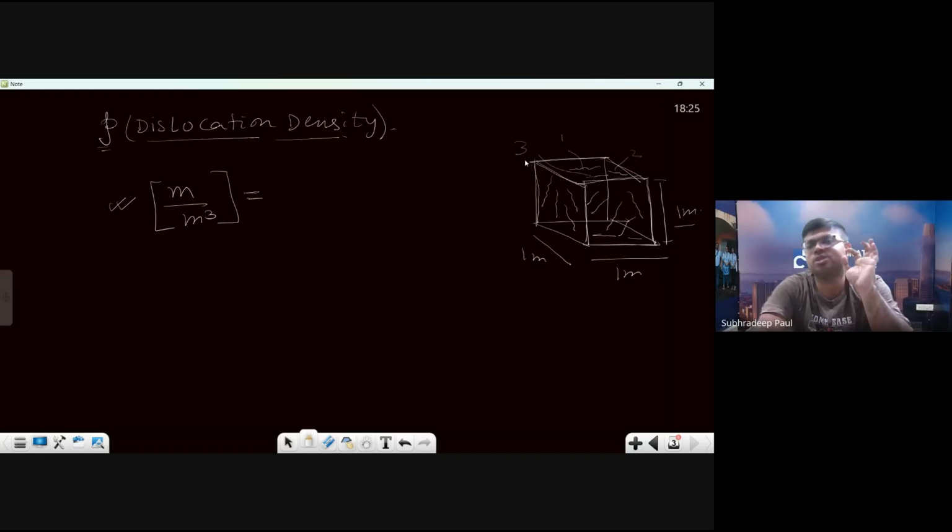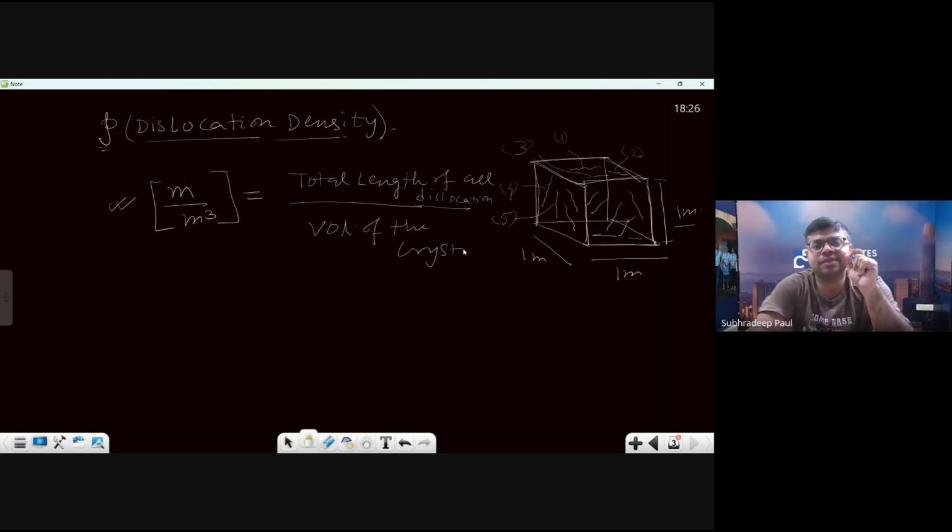Obviously this is not possible; this is a conceptual theory we are trying to understand. We count all the dislocations in the unit volume of the crystal and add up their lengths. That comes in the numerator: the total length of all the dislocations in the unit volume of the crystal, divided by the volume of the crystal.